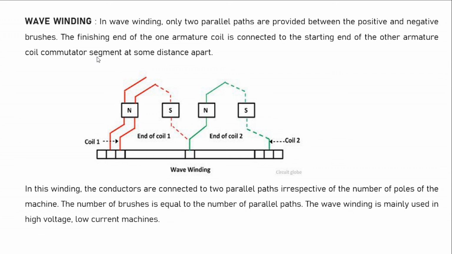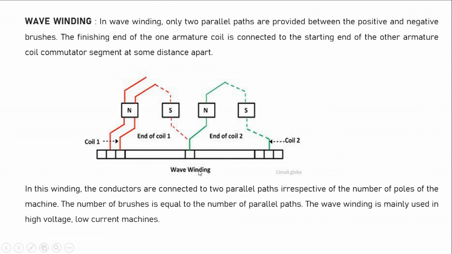The finishing end of one armature coil is connected to the starting end of the other armature coil, at commutator segments some distance apart. You can see here that the starting end is connected to the finishing end, and from there another coil starts and ends here. Once again the third coil starts from here.